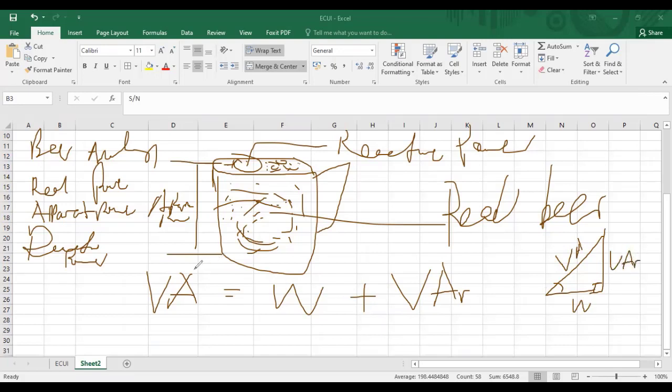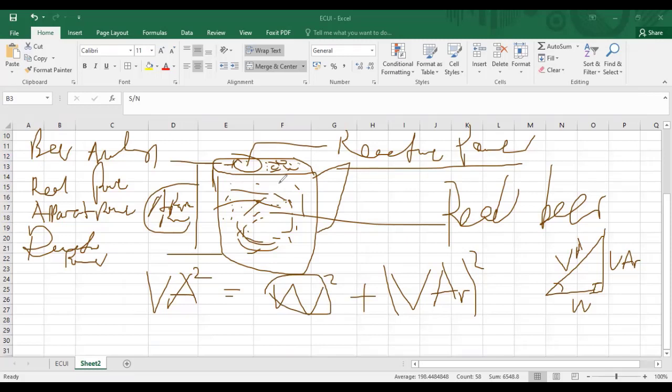So we have VA squared equals W squared plus VAR squared. These are the three types of power you have in electrical energy: the reactive power, the apparent power, and the real power.